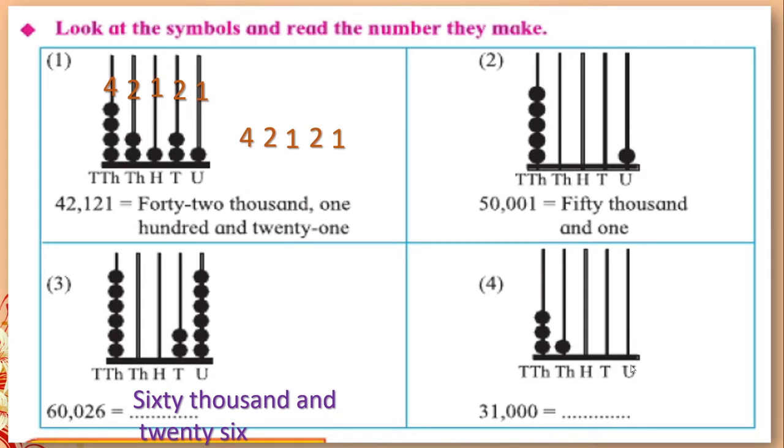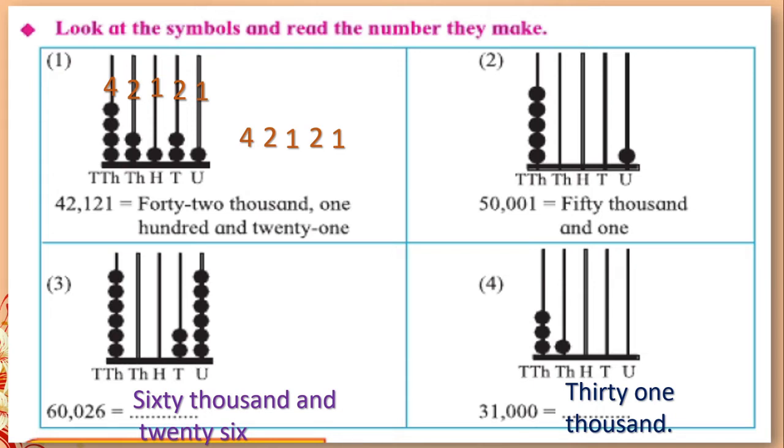Okay, now to the last. Here in the unit place nothing is there, and the tens place and hundreds place also have no beads at all. In the thousands place we can see 1, and in the 10,000s place you can see 3 beads. So directly we can write 31,000, right?